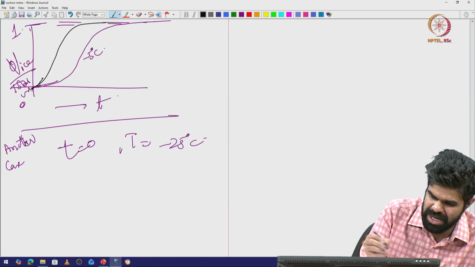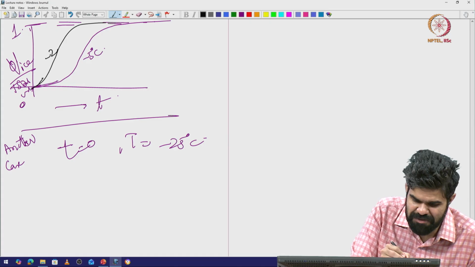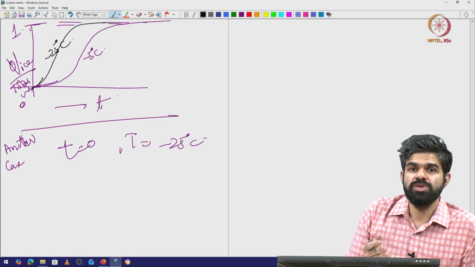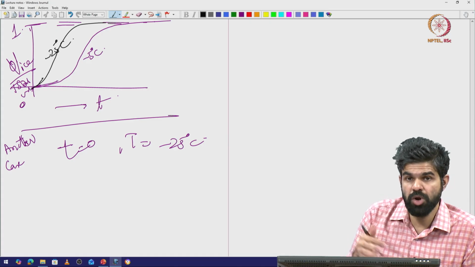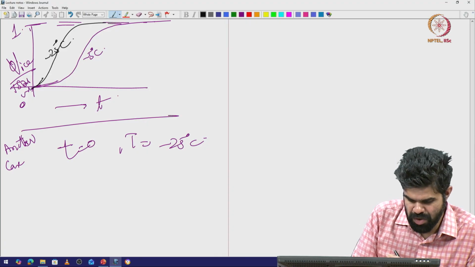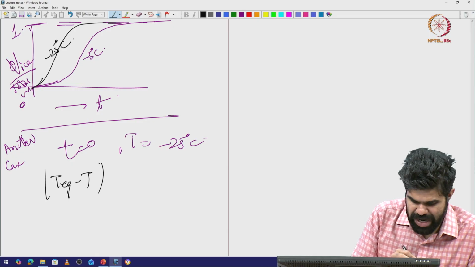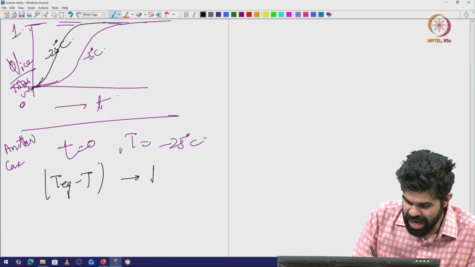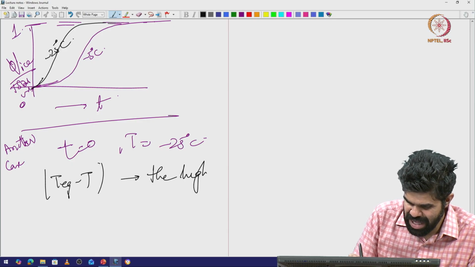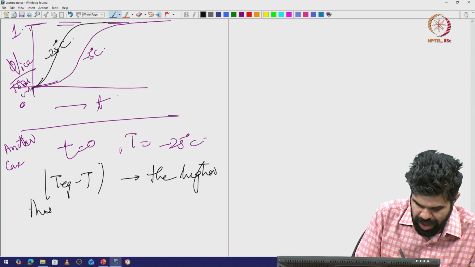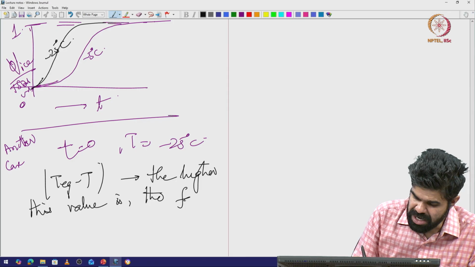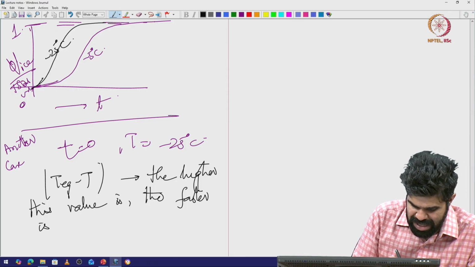This is at minus 25 degrees Celsius. So the lower the temperature, the higher the T equilibrium minus T value, and the faster is ice formed.